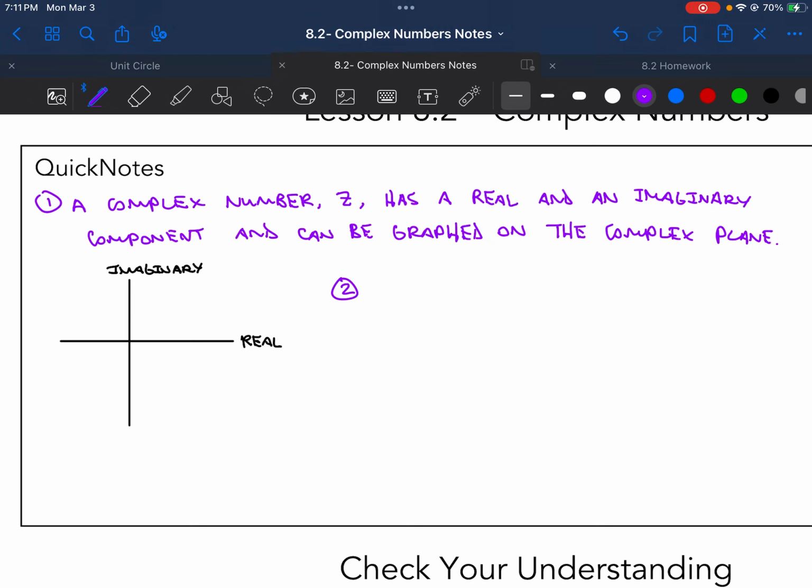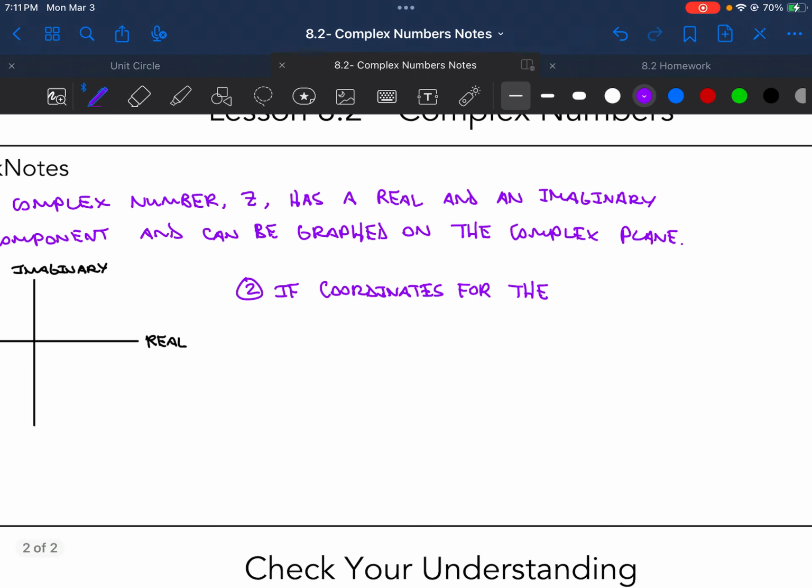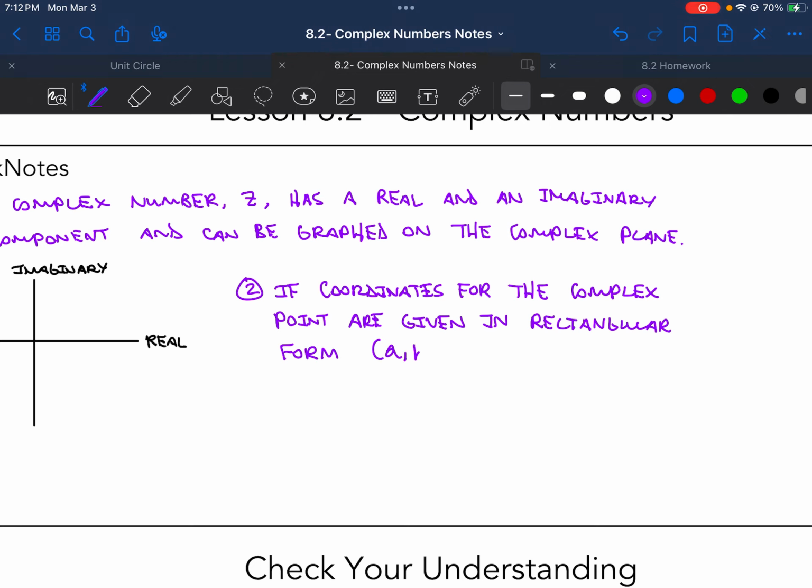Second, if the coordinates for the complex point are given in rectangular form, like this, a comma b, then your complex number z will equal a plus bi, where the x value is representing the real part, the y value is representing the imaginary part.